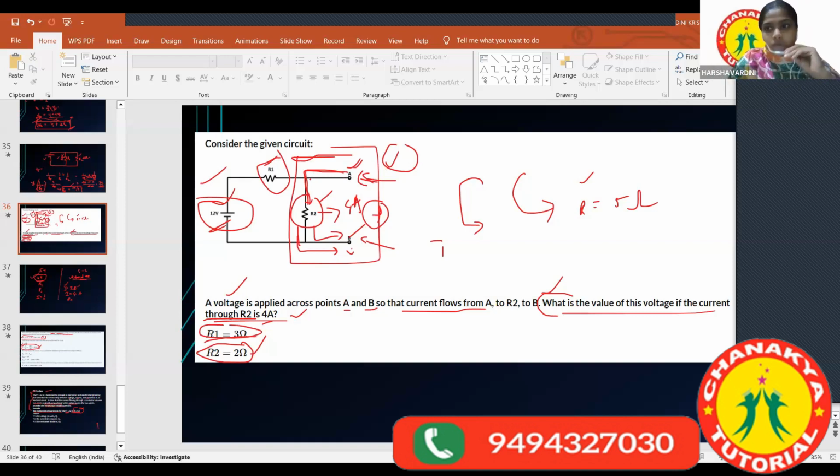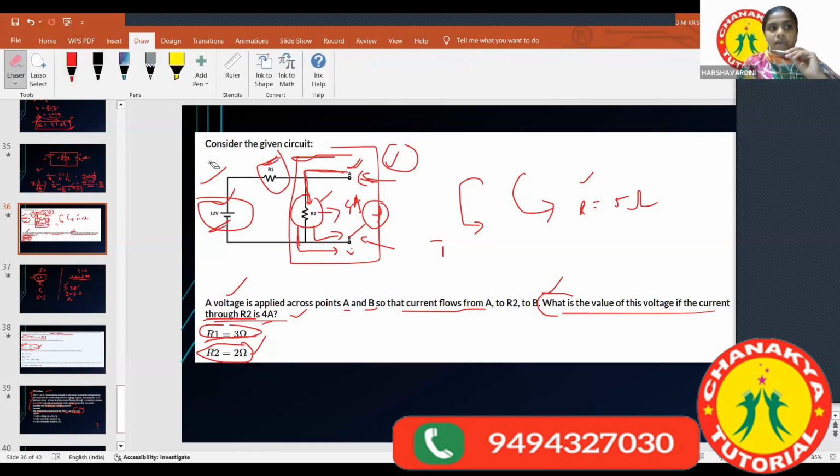Maybe they have a switch, so they stop the circuit connection to R1. They told you very clearly, from A it is going to R2, and from R2 it is going back to B. So R1 will not come into the picture itself in scenario 2.